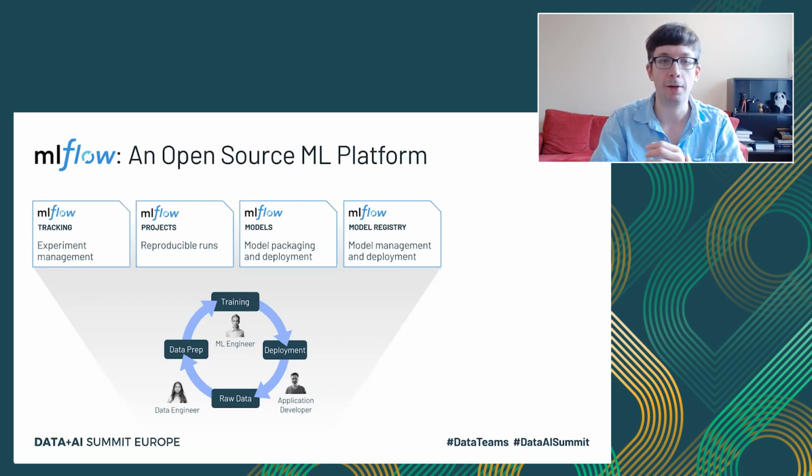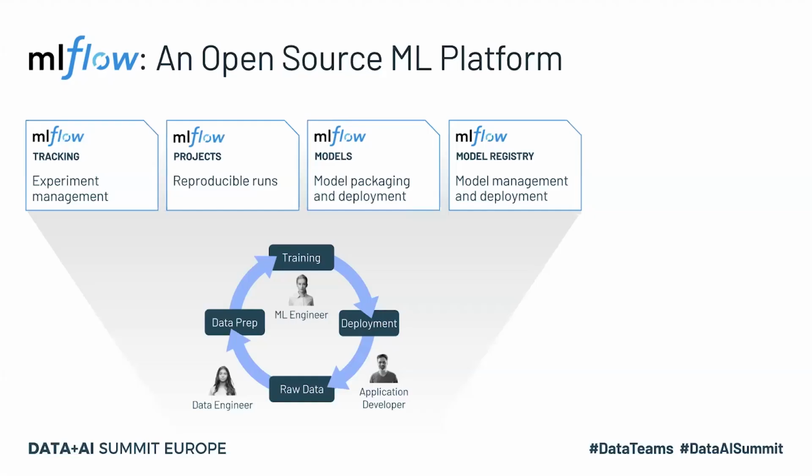So MLflow today has 4 components. It's got a tracking component for experiment management and monitoring production metrics. It's got a projects component for reproducible runs, models, a way of packaging models and deploying them in a wide range of systems in a consistent way.